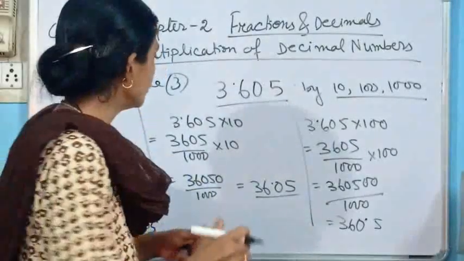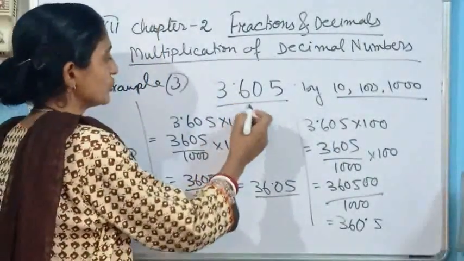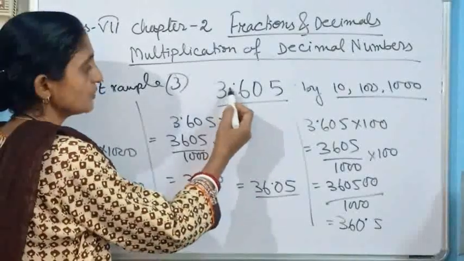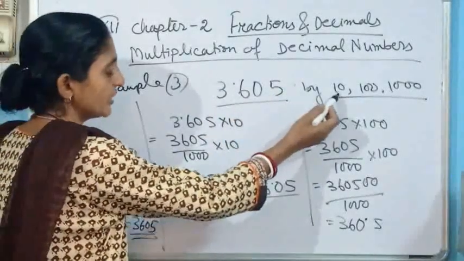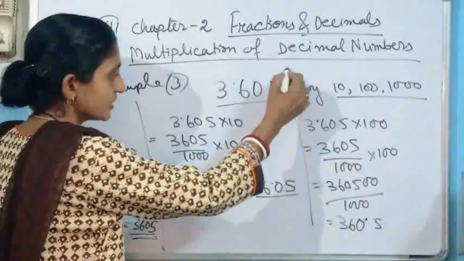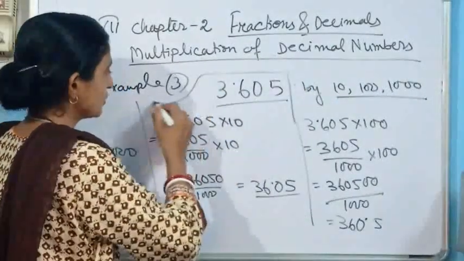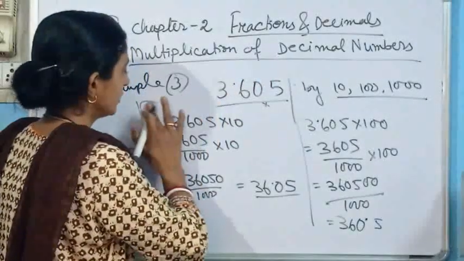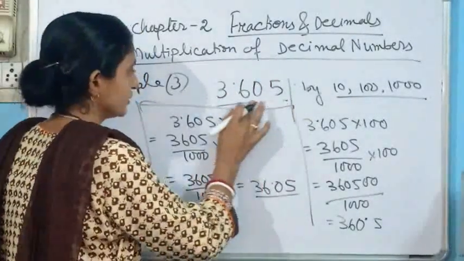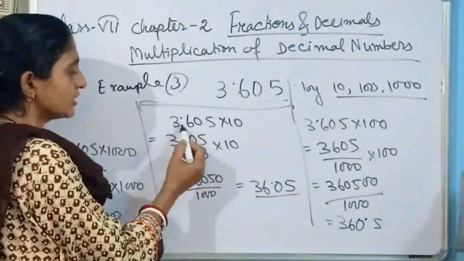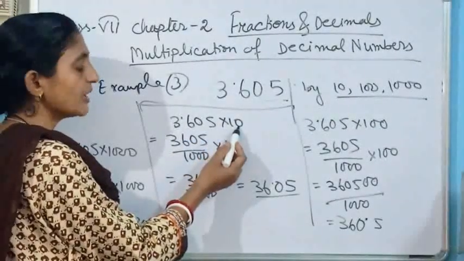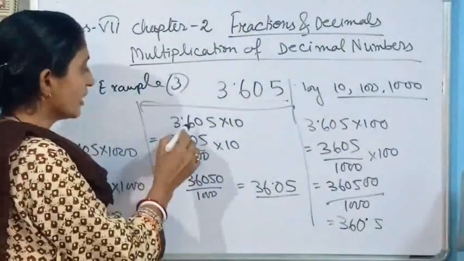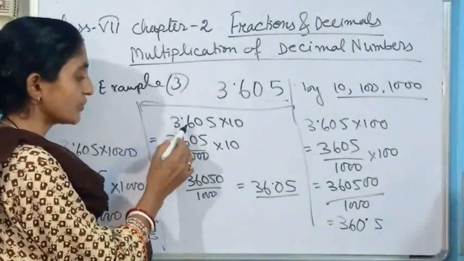And you might have noticed if we are comparing these questions. Here our question was 3.605 and we are multiplying this one by 10. Let's take this part only. This is the question, and it was multiplied by 100. Here you have seen that when this number has been multiplied by 10, one place decimal has been shifted from the question.